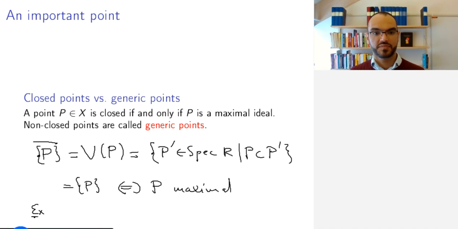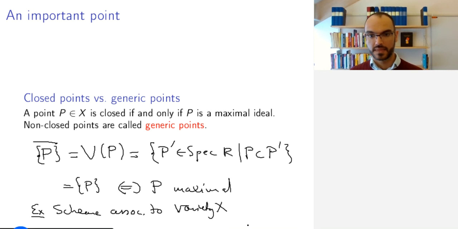So for example, if we have the scheme associated to the variety, say, X, then we have the closed points.